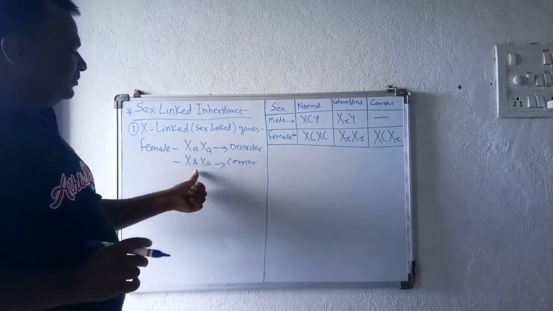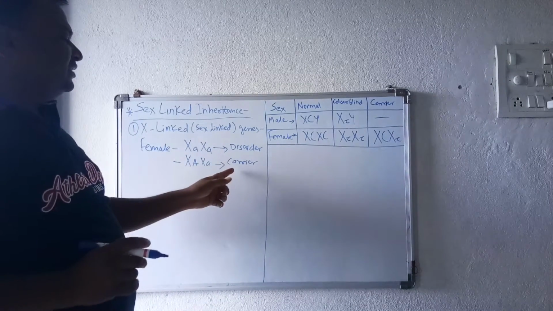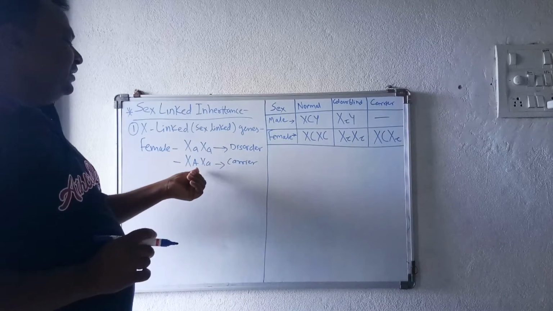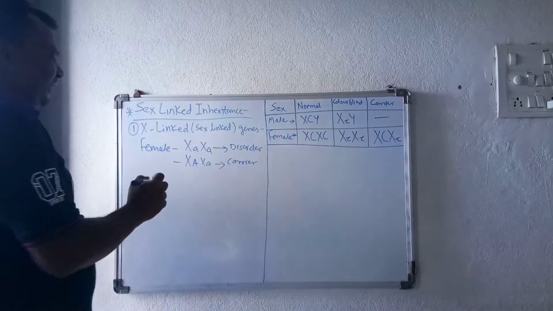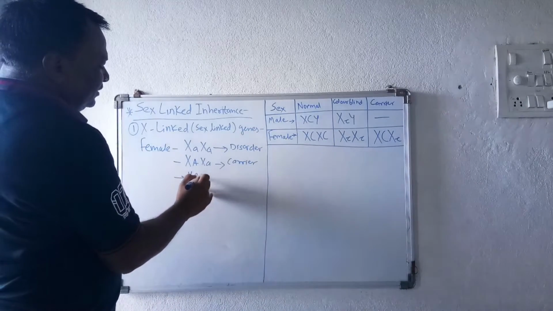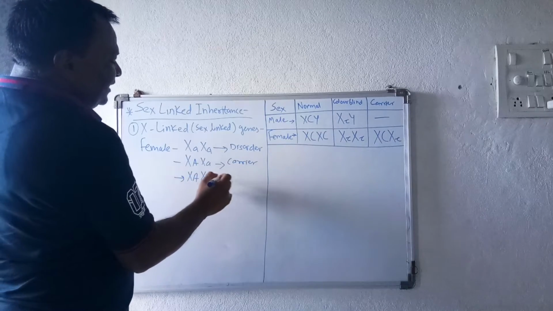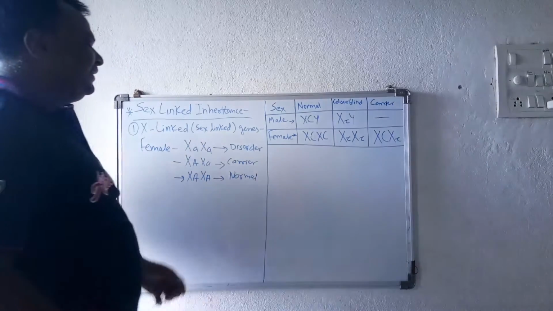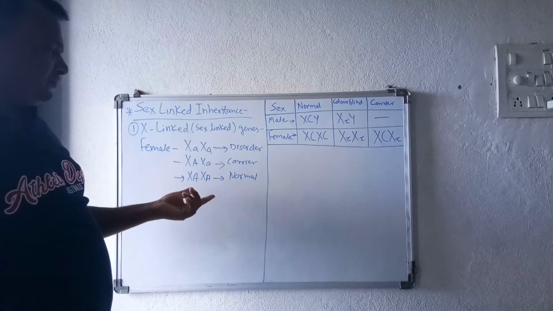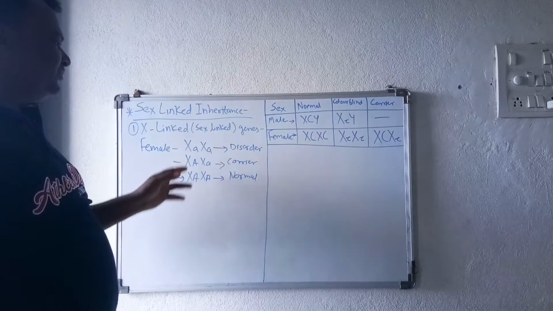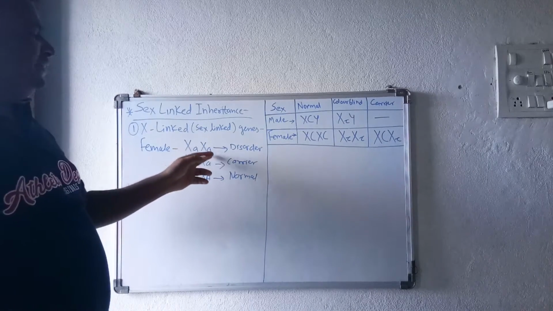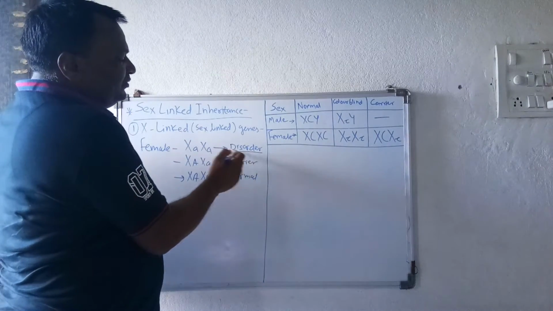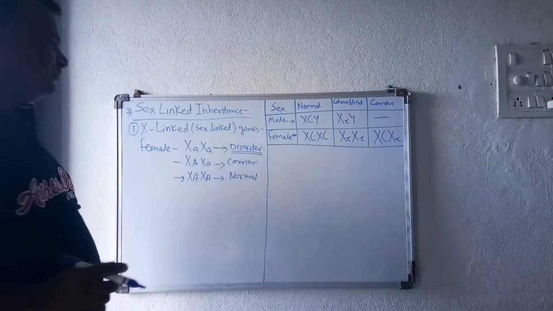If one dominant gene and one recessive gene are present, such a woman will be a carrier, and as a result she only carries that defective gene. If both dominant alleles are present, such a woman will be normal. So if both recessive genes are present on the X chromosome, the female will show the disorder.